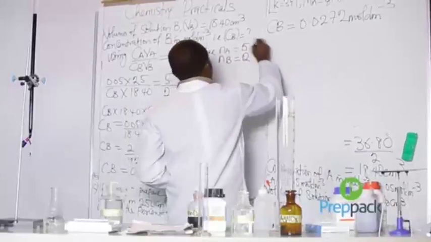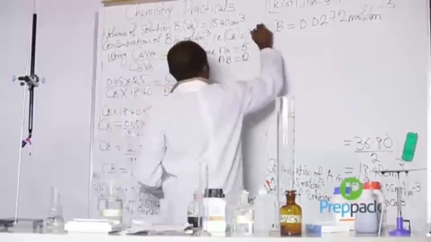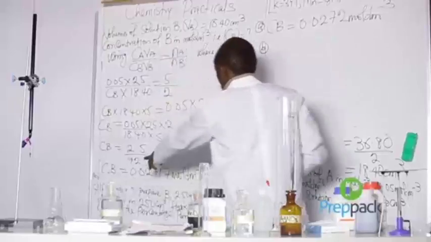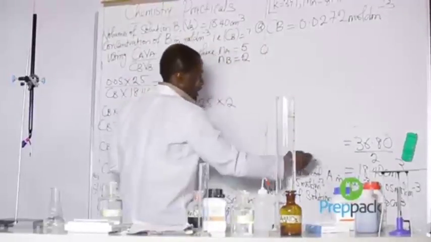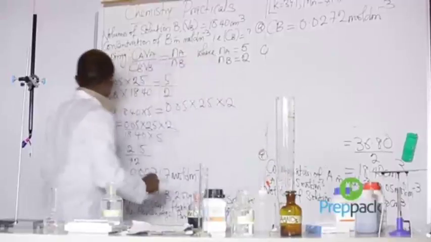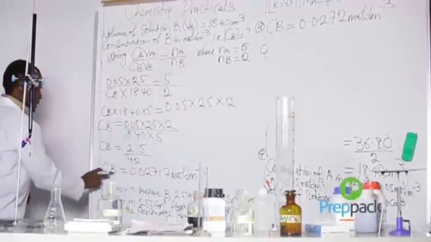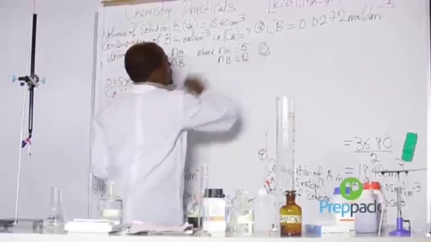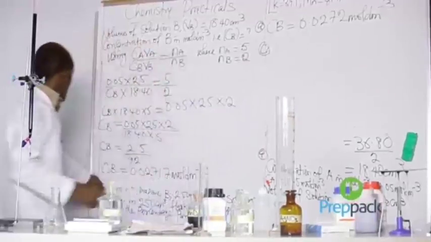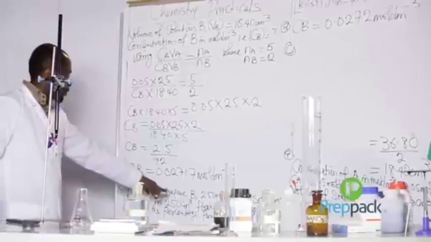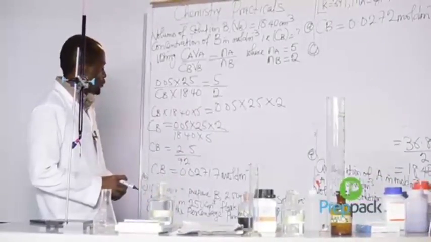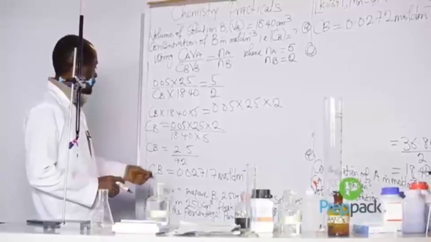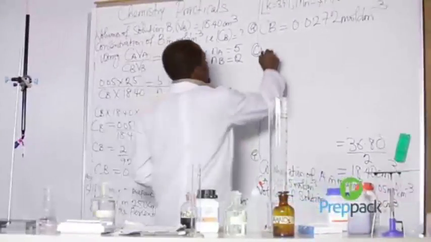This was A, the titer value; this is B; so this is C. C says, if 2.50 gram of impure solid was dissolved in 250 cm cube, how do I go about this?